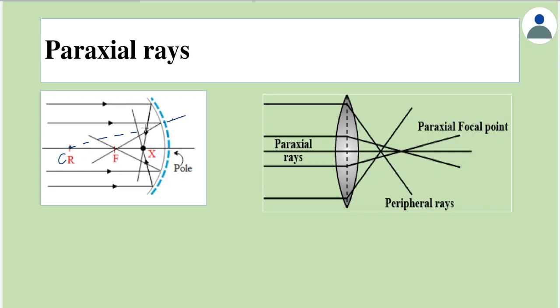The angle made with the normal, this angle here, is called the angle of incidence. If the light rays are very close to the principal axis, this angle would be less. Compared with a light ray from this point to this point, it is clear that the angle of incidence is more than the angle of incidence in this case.